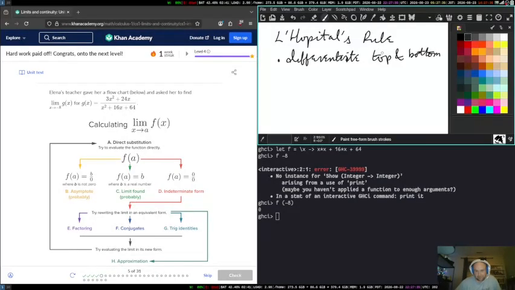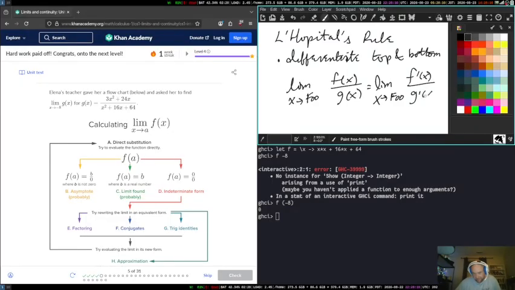Specifically, it says that you would take the limit as x approaches foo of f of x divided by g of x. If they're both differentiable at x equal to foo, this is the same as the limit as x approaches foo of f prime of x over g prime of x. So the actual answer is you use L'Hopital's rule.